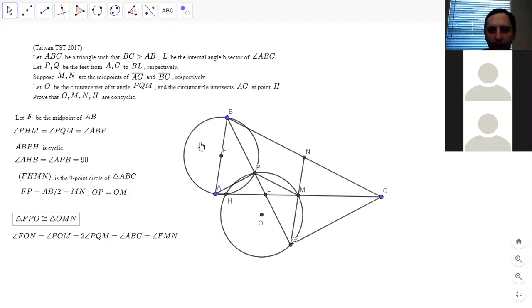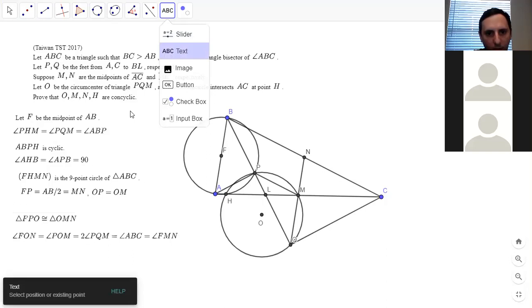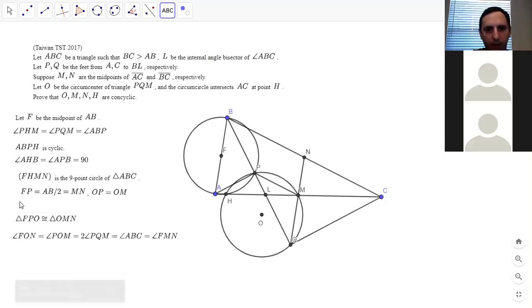So angle FPO we can show as angle OMN because angle FPO is FPA plus APO, and FPO is 180 minus FPB minus OPQ. That's how you did it originally.